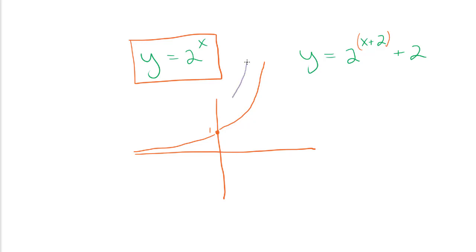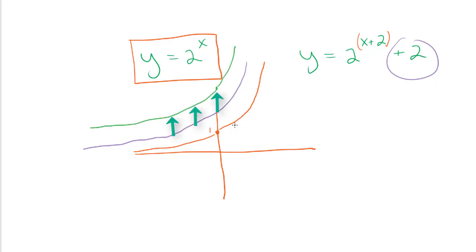Every point on my new graph, all else equal, will be 2 to the left. But I also have my plus 2, which means every point is also shifted up 2 on my graph as well.